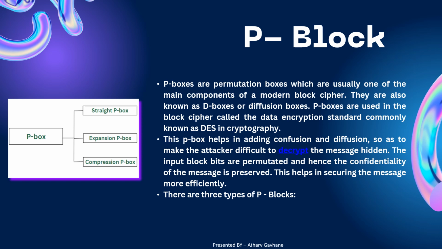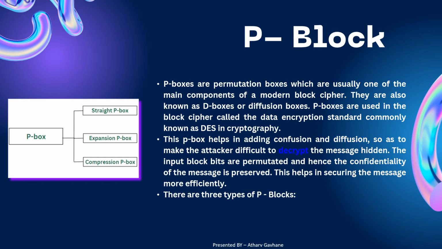P boxes are permutation boxes which are usually one of the main components of a modern block cipher. They are also known as D boxes or diffusion boxes. P boxes are used in the block cipher called the Data Encryption Standard, commonly known as DES, in cryptography. This P box helps in adding confusion and diffusion so as to make it difficult for the attacker to decrypt the hidden message.